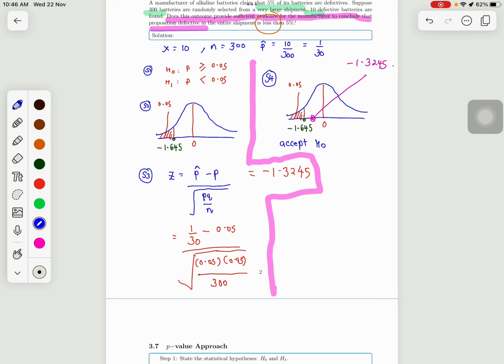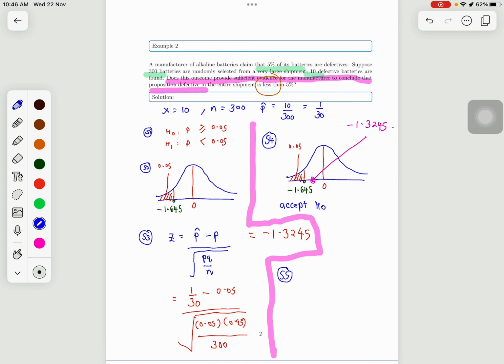So for the final step, we need to answer the question. Does this outcome provide sufficient evidence? So since we fail to reject, this outcome does not provide sufficient evidence.